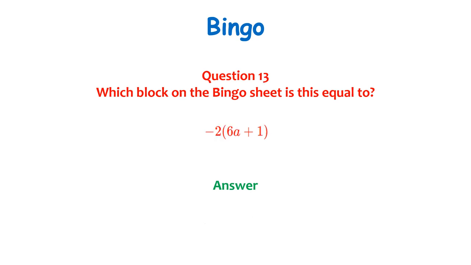And that one, which block on the bingo sheet is equal to that? That's minus 12a minus 2. And of course, that is 45a minus 27. And you've got the final one.